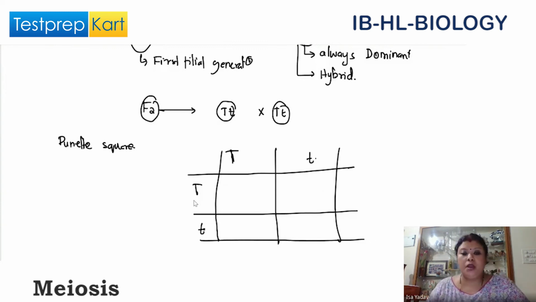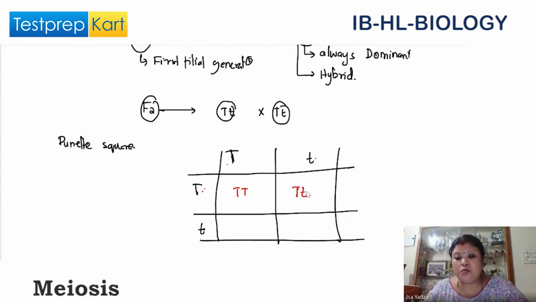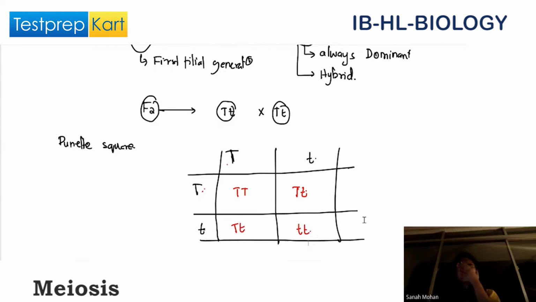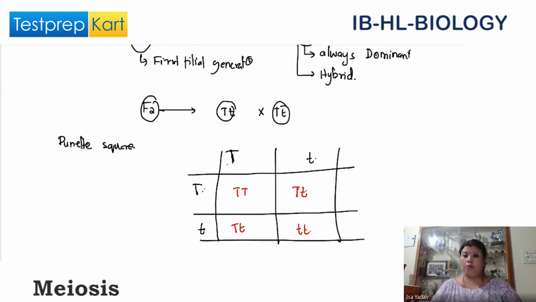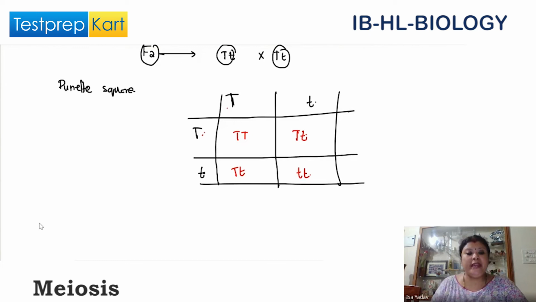Okay. So can you tell me what will be here, Sana? Capital letter T, small letter, what will be here? Capital T, small t. Yes, one capital, one small. Here also one capital, one small. And this is both small. So in the F2 generation, we have capital letter T, capital.